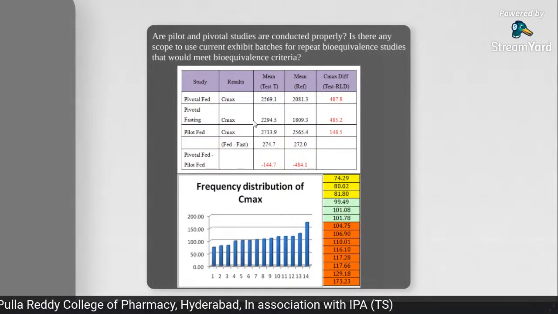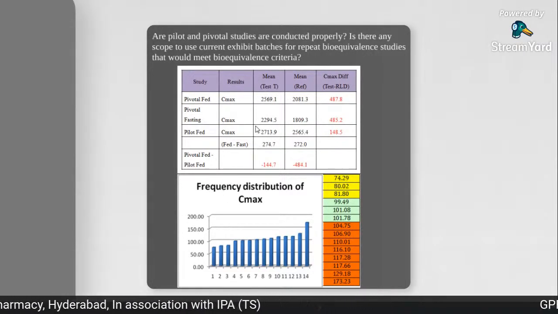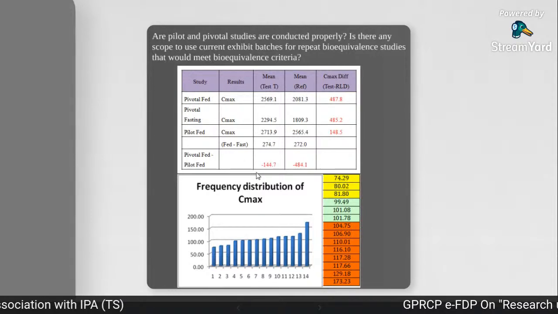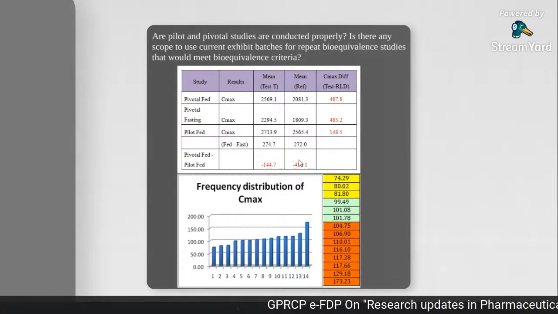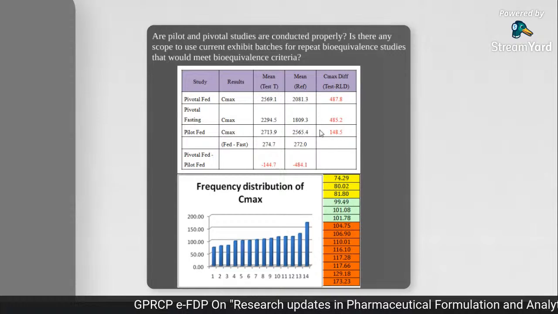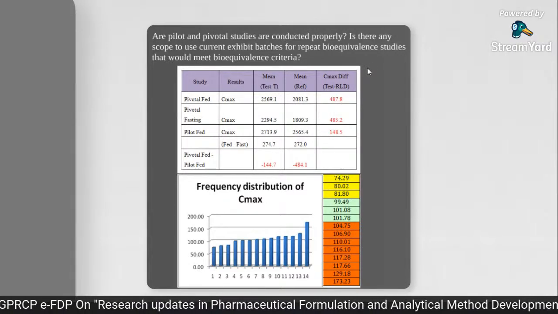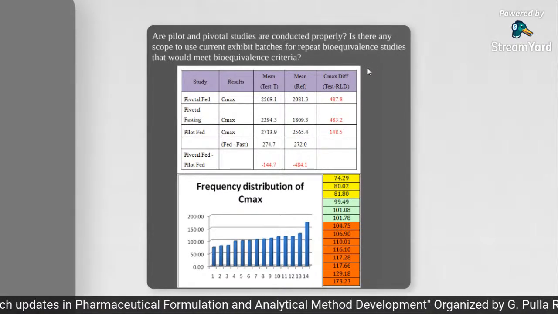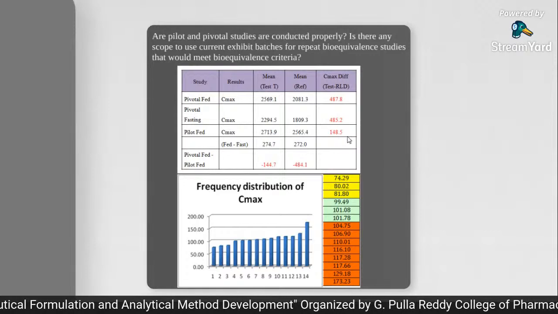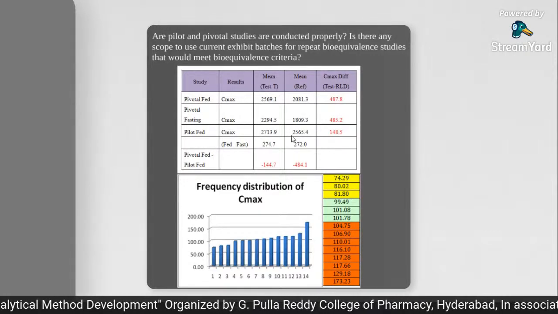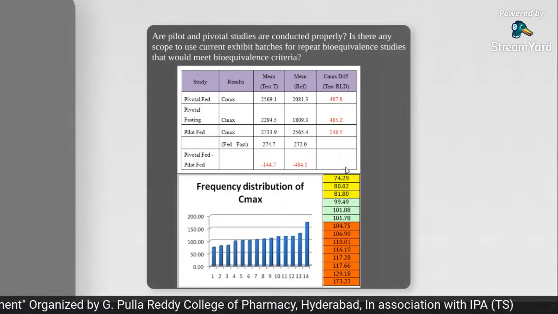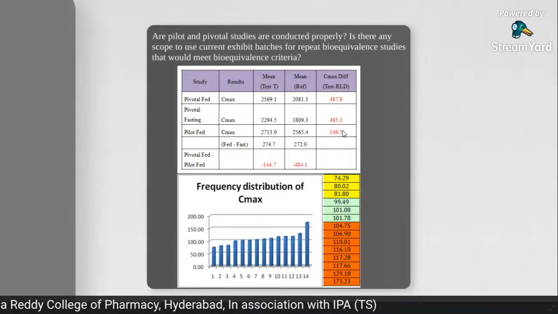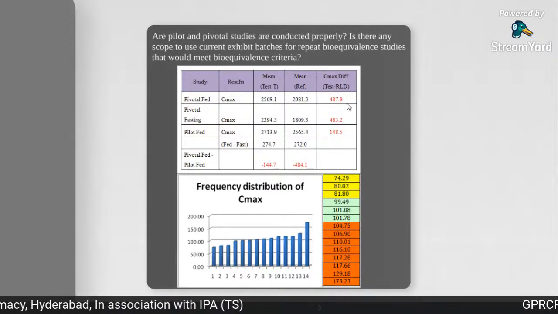Pivotal fed minus pilot fed is 144. And for the reference it is 484, matching. The reference is behaving similarly, but the test formulation shows 148. Pilot versus pivotal, fed only, is 148.